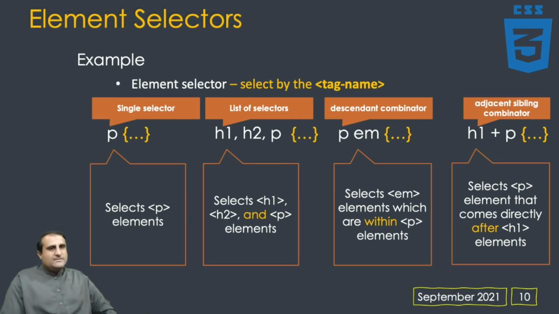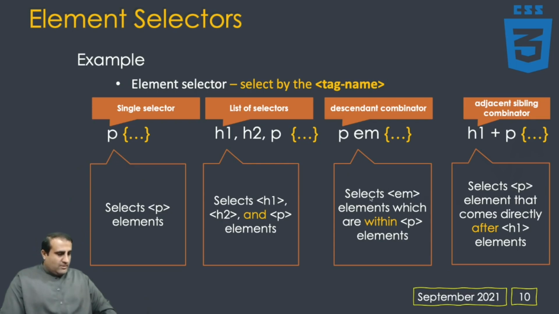What it means is that we want to apply the style to the first paragraph that comes directly after an h1 heading, and the style will be applied to that paragraph.